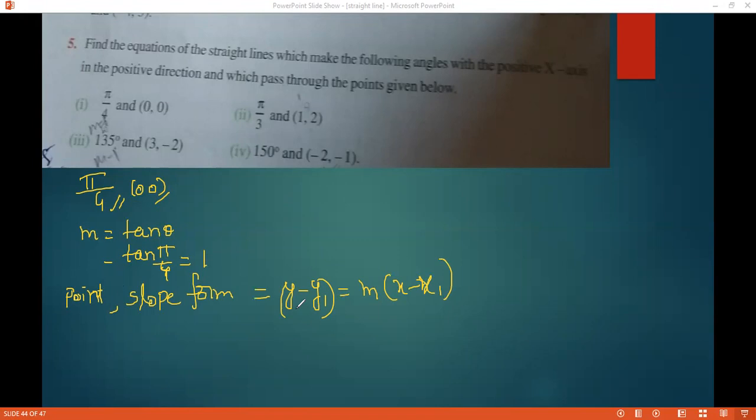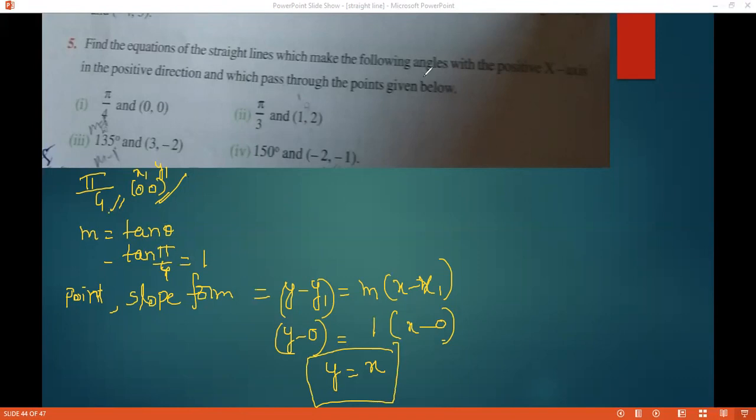Here this is x1 and this is y1. Okay. So y minus 0, and m is 1, x minus 0. So y is equal to x, because it is passing through the origin and having a slope tan pi by 4, right? So y becomes x.